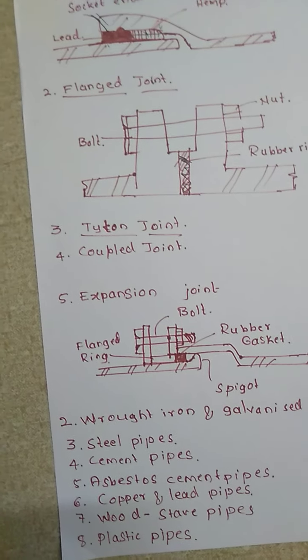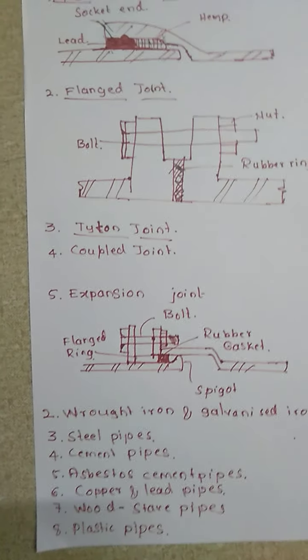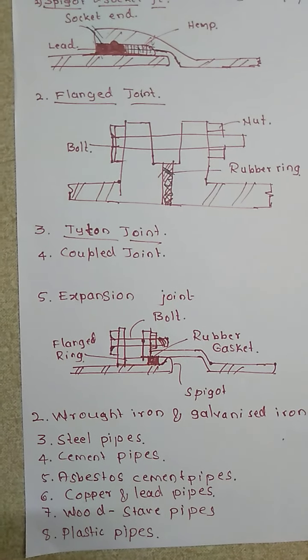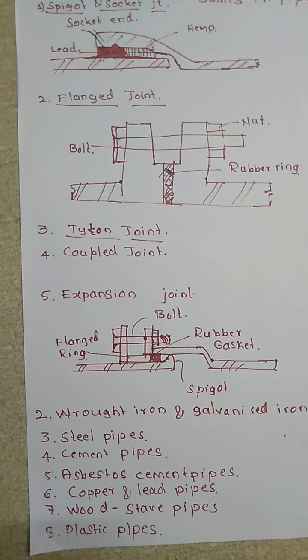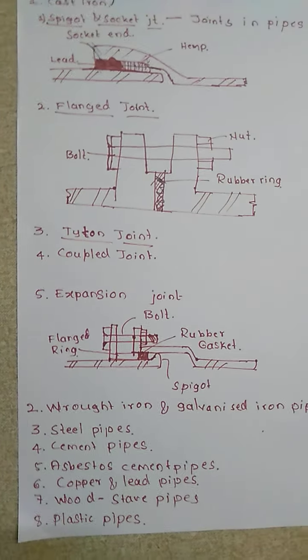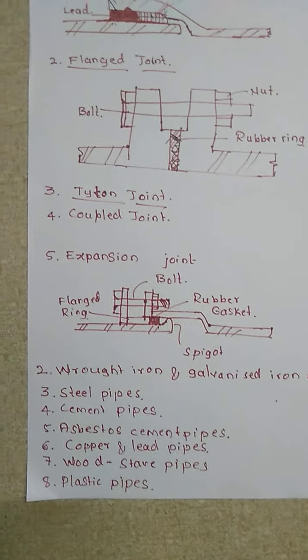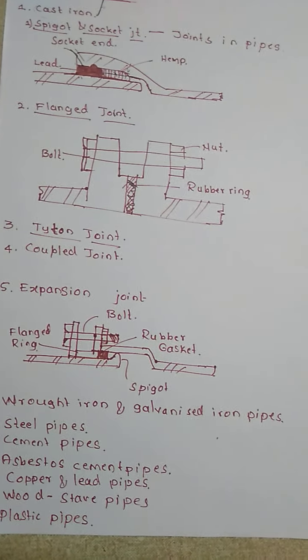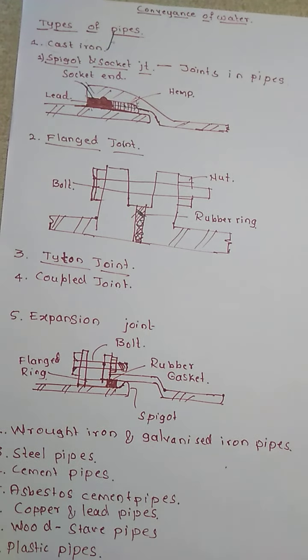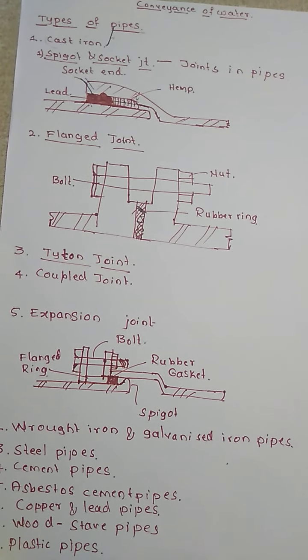The last type that we will be seeing is the plastic pipes. You have already seen these plastic pipes, and normally we utilize them. They are made up of resins having high molecular weight, polymerized under simple and compound conditions by heat, pressure, and catalysis.